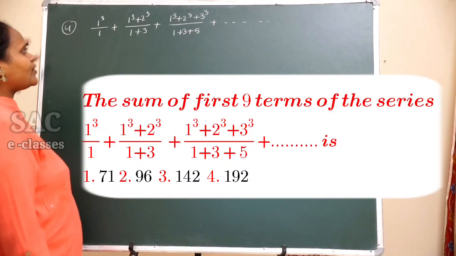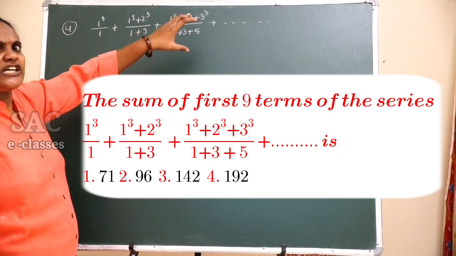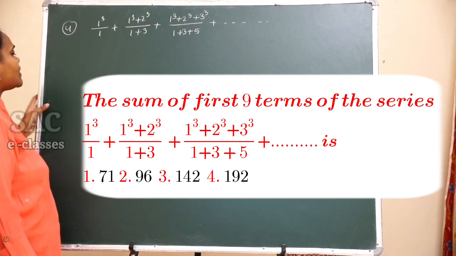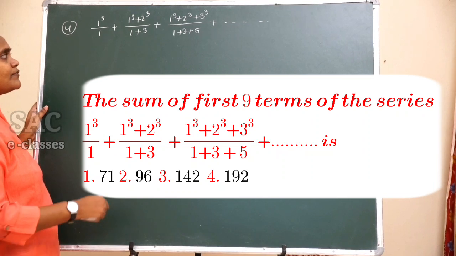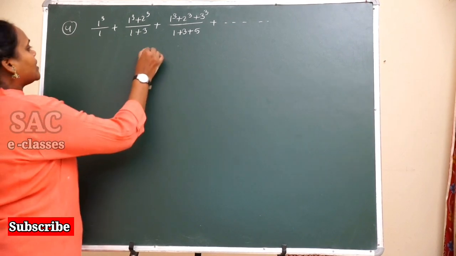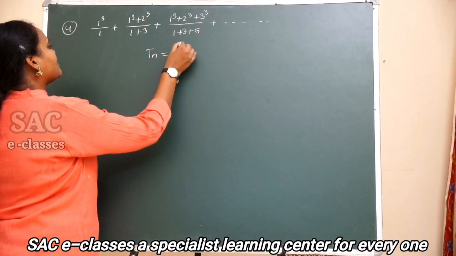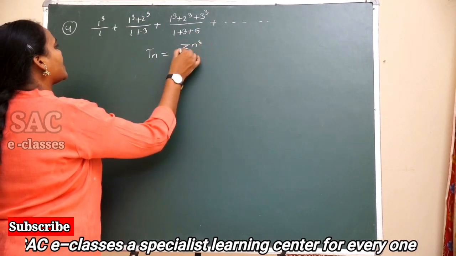Now they are asking you to find out the sum of the first 9 terms of this. If you have observed, like the previous problem, you have to find out the nth term, nothing but the general term. Numerator is the sum of the cubes, so sigma n cube.